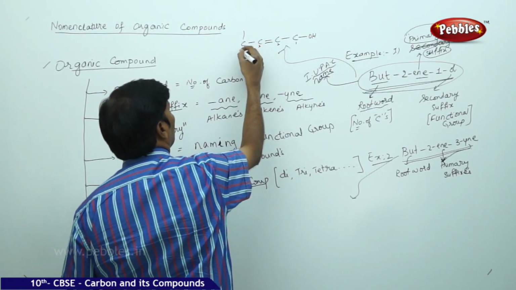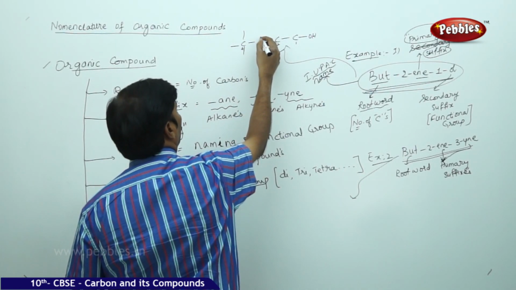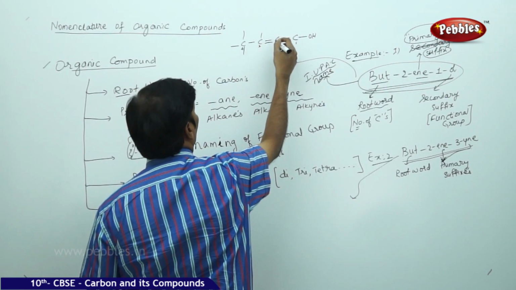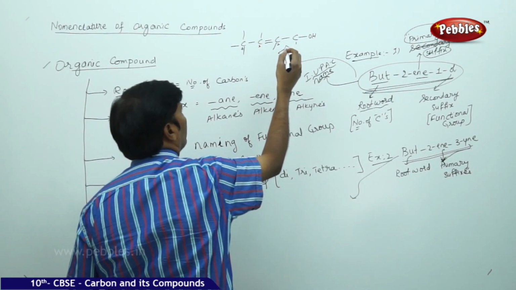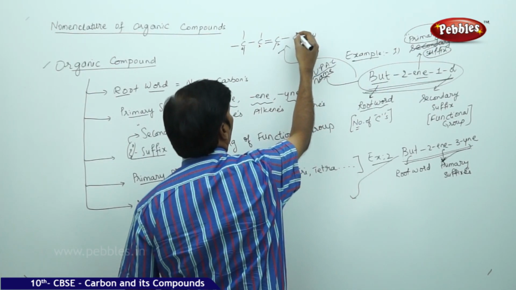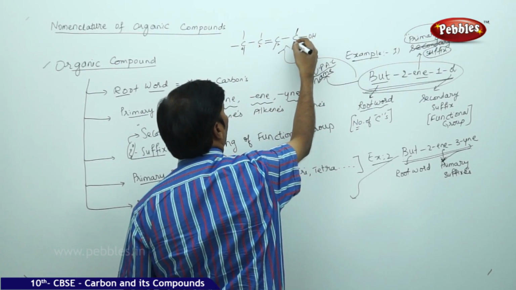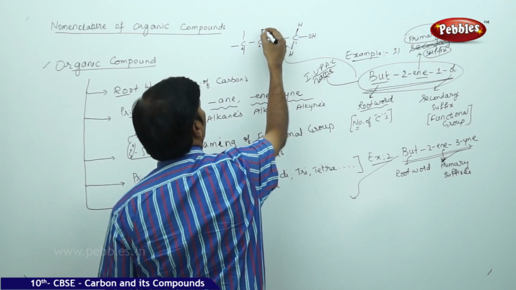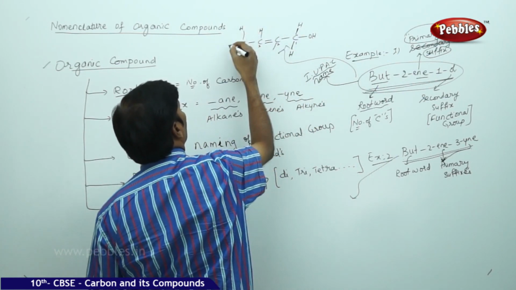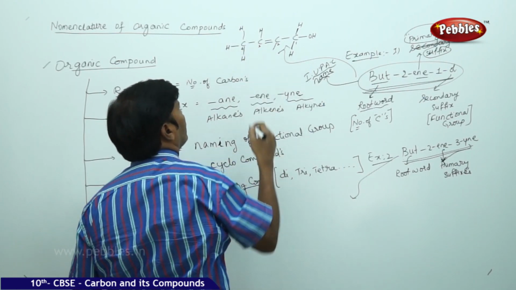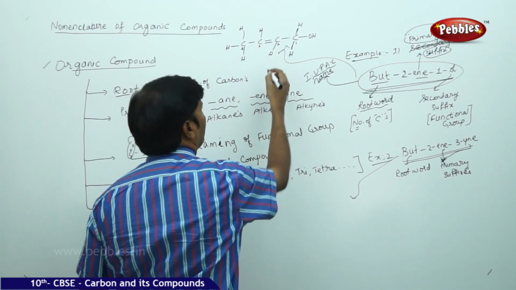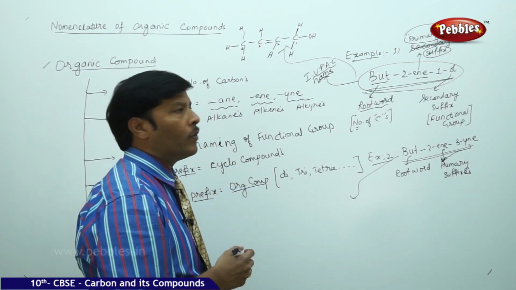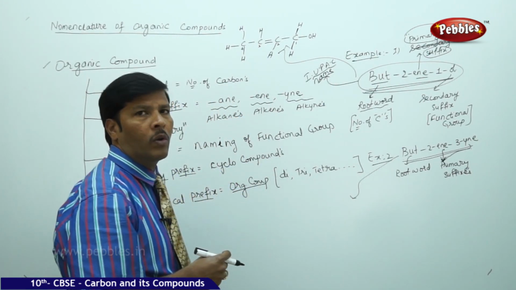Here already 3 bonds are there, so take one more covalent bond. Here only 2 bonds are there, so attach 1 covalent bond here and 1 covalent bond here. So single bond hydrogen, again single bond hydrogen, and so on. This is the structural formula for but-2-en-1-ol.